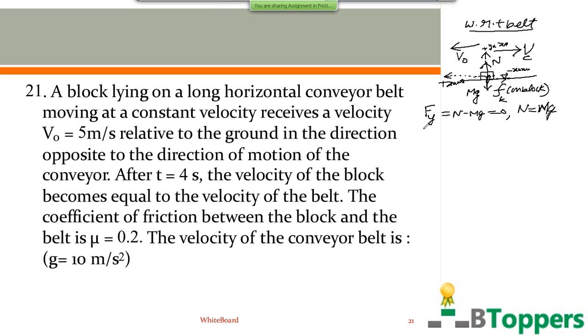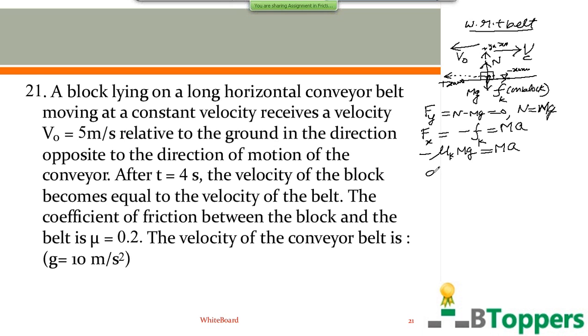So the x component of the resultant force on the block is equal to minus Fk, because the force of kinetic friction acts opposite to motion. That is equal to mass times the acceleration of the block with respect to the belt. The magnitude of kinetic friction is mu k times N, or mu k times mg, since N equals mg here.